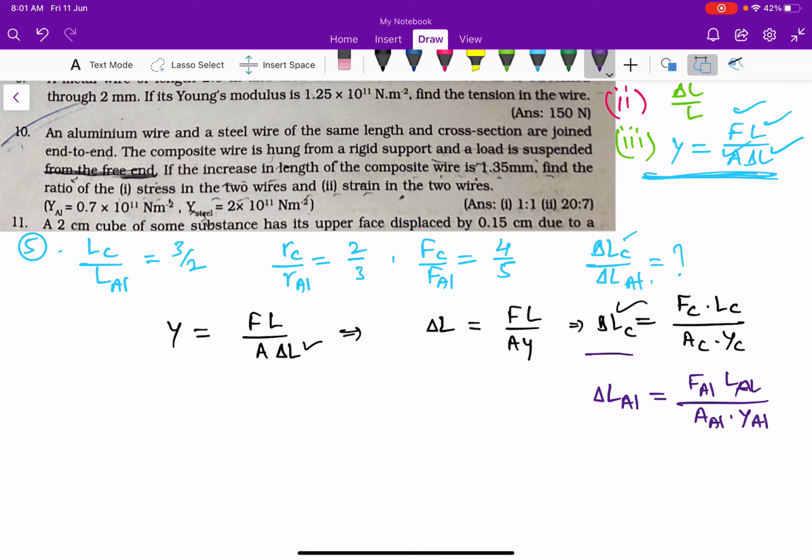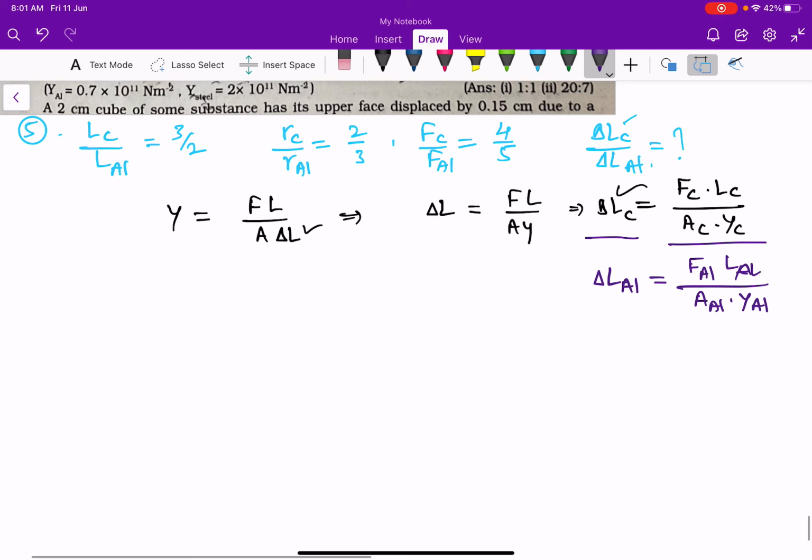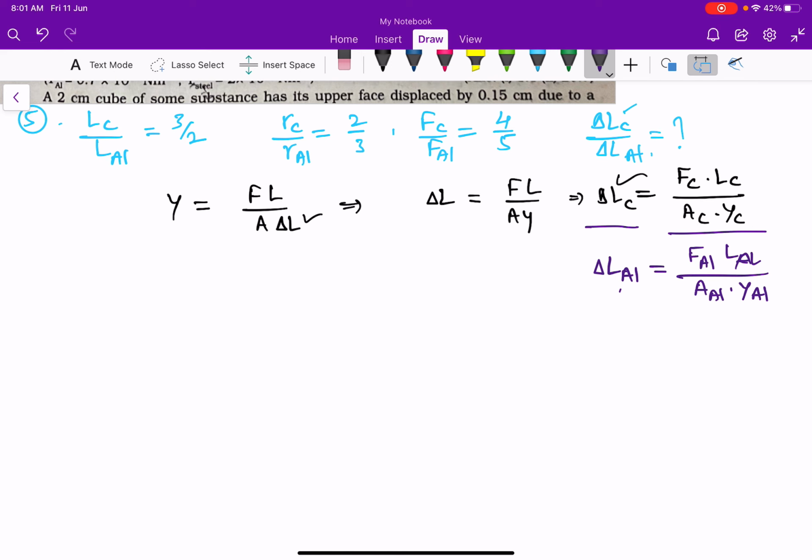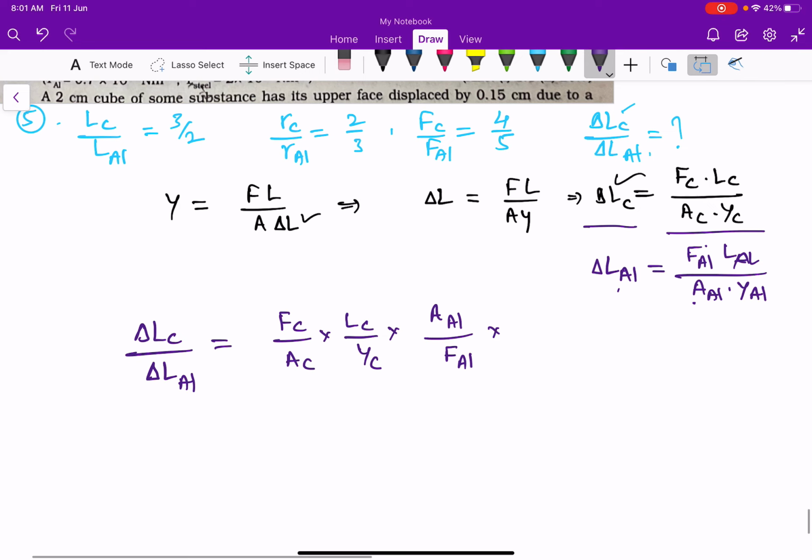Now I am dividing delta L of copper by delta L of aluminum, taking the ratio. Delta L of copper by delta L of aluminum equals FC by AC into LC by YC into, when this comes to the numerator, area of aluminum by force of aluminum, and Young's modulus of aluminum by length of aluminum. These terms you will get.